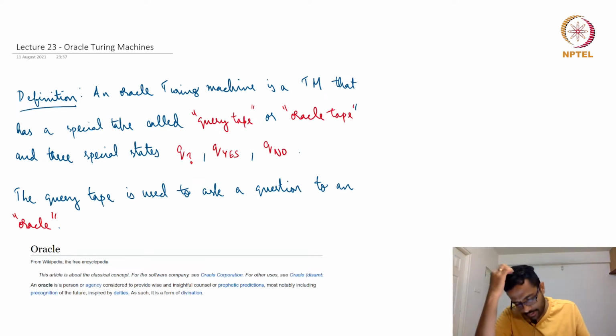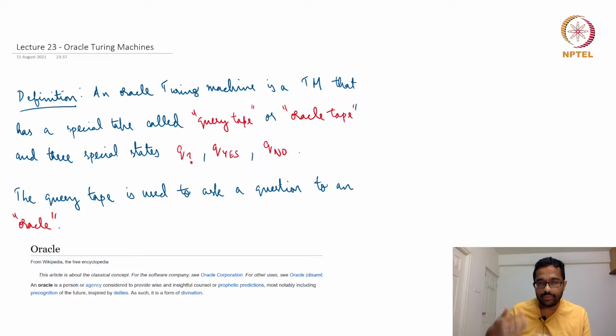So how is this formalized? It's a Turing machine, and it has a special tape called the oracle tape or the query tape. On the query tape, the Turing machine will write queries. It need not write in one step; the query could be constructed in a sequence of many steps. If it's a SAT oracle, it will write a SAT instance.